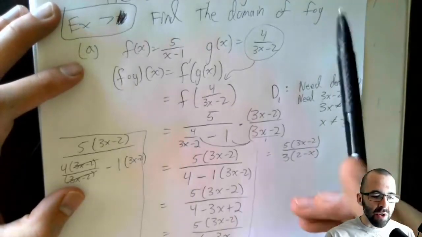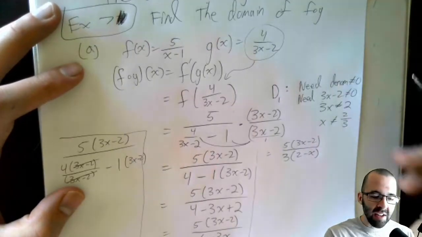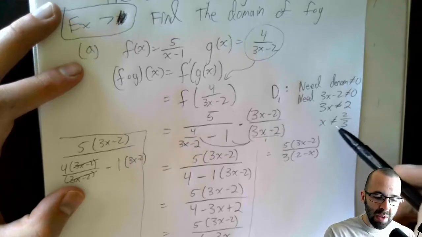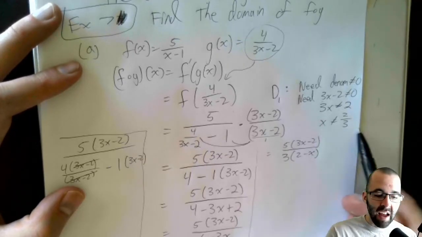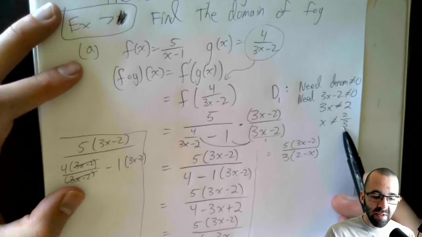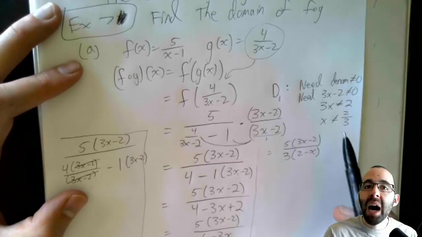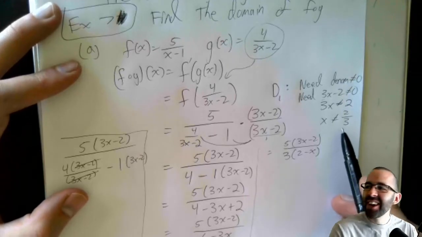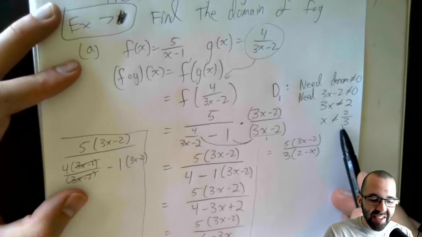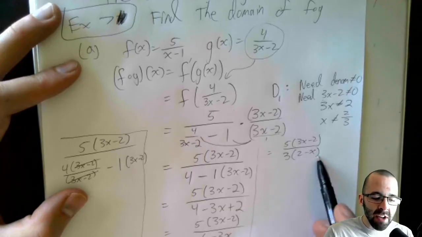So I said, to find the domain of f of g, we need to find the domain of the inside function, which we did. The domain of the inside function, we found that right here. Everything except for 2/3. We have to combine that with the domain of the final answer.